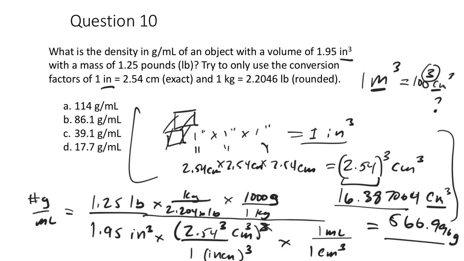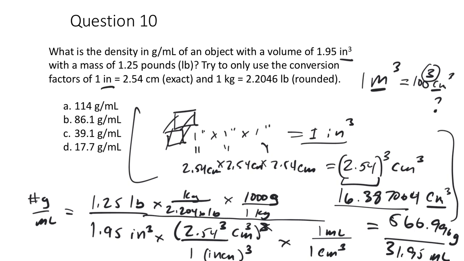And then I'm going to do the calculation for the denominator separate. So I got 1.95 cubic inches times 2.54 cubed, 2.54 caret 3. And that's 31.95 cubic centimeters, and which is a milliliter.